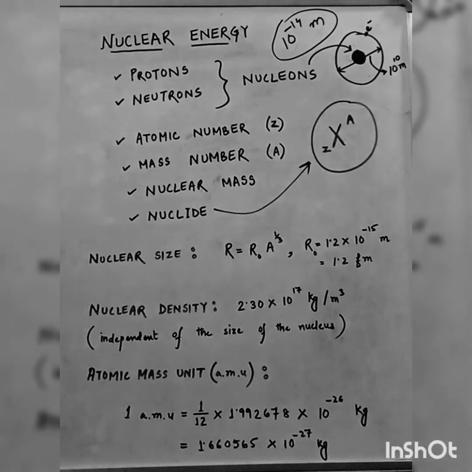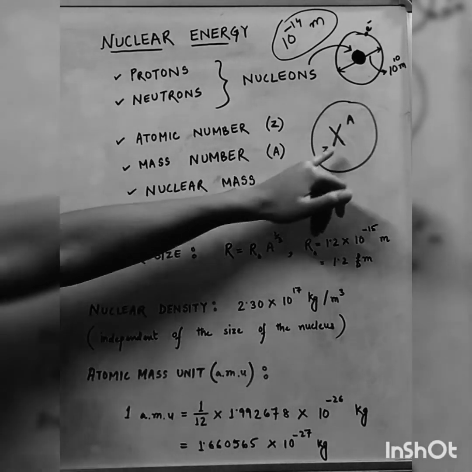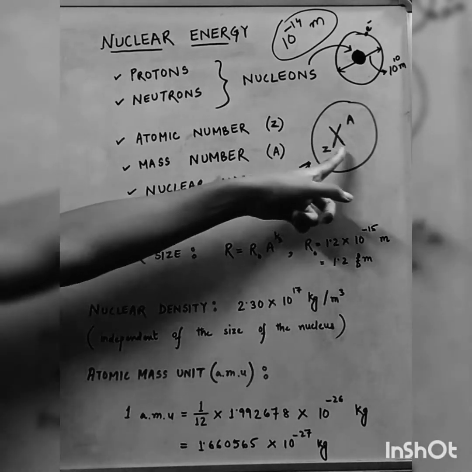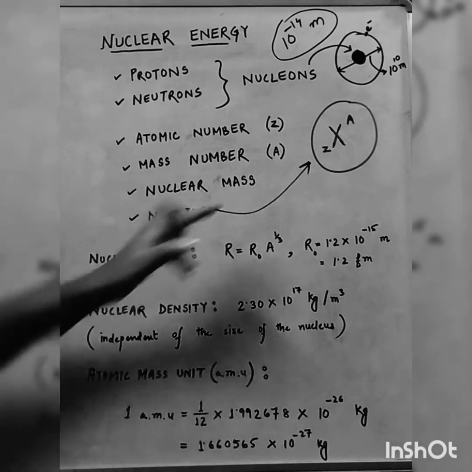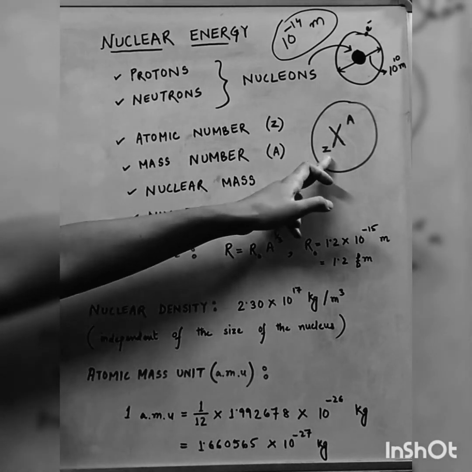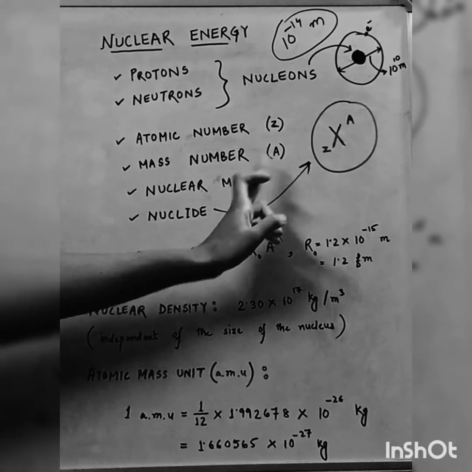A nuclide is denoted like this. Here X is the chemical symbol of the element, the element you take, and Z is the atomic number, as you already know. The mass number is written there.